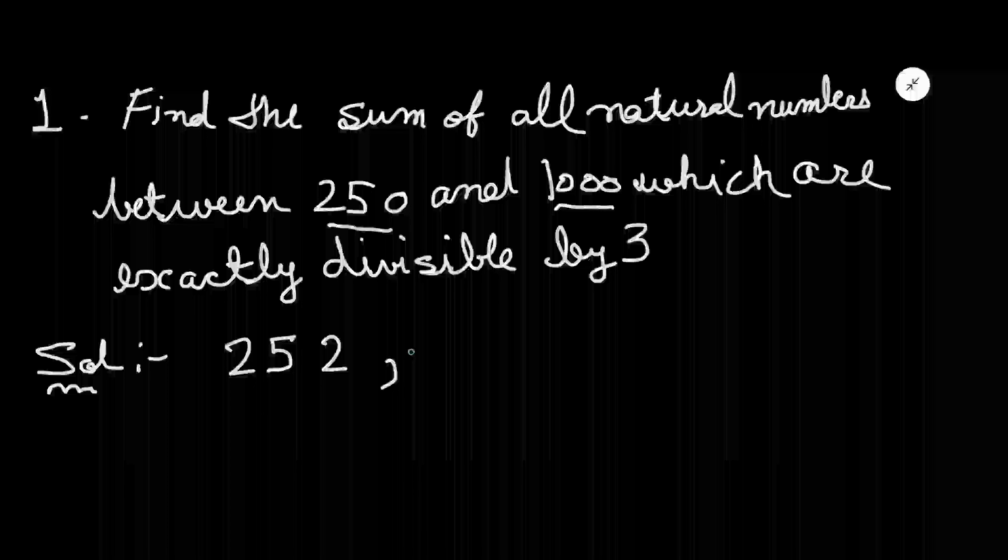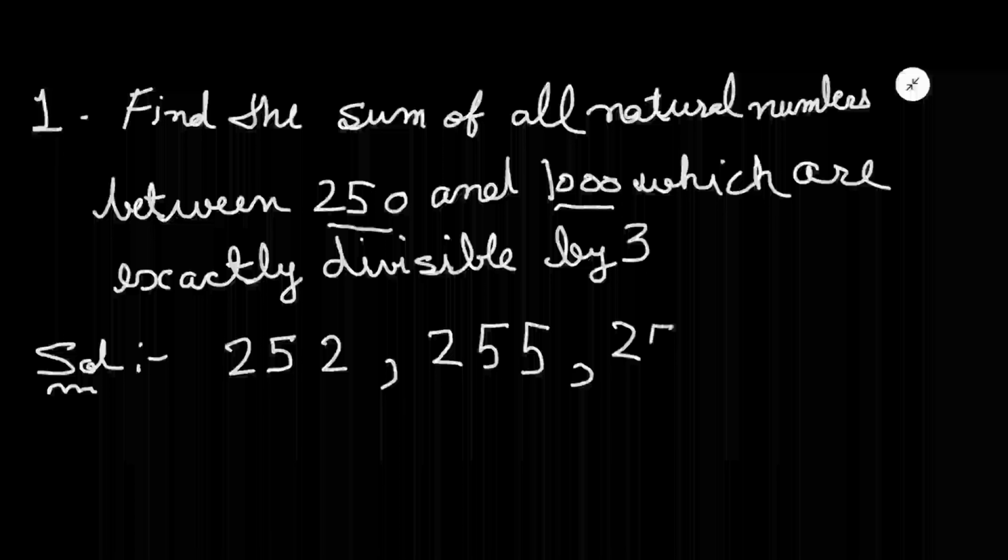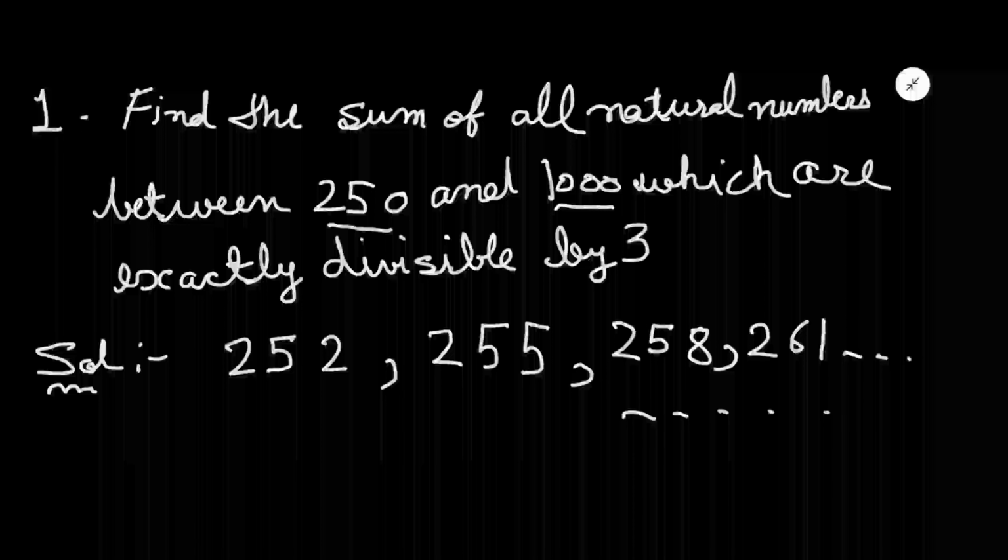So 253 is not divisible by 3. Next, 254 is also not divisible by 3. 255 is divisible by 3. And similarly 258, 261. So here you can see we already find the first term, which is 252.